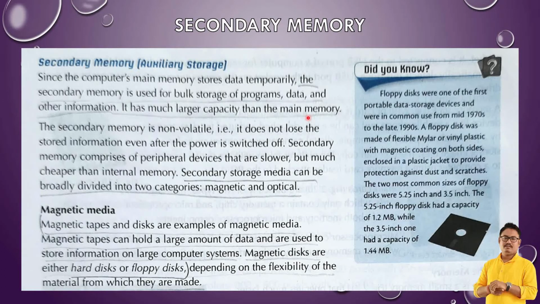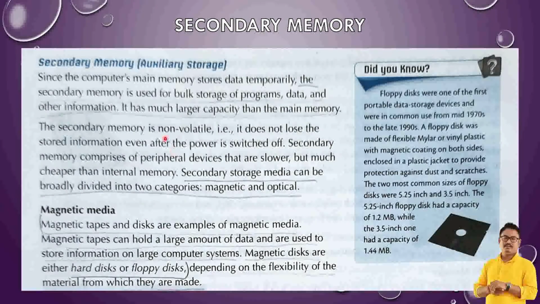If you have a large amount of data that needs to be stored, the secondary memory is used for storing purposes. So the main memory stores data temporarily, and if you want to store bulk program data and other information, you need a secondary memory, which is the hard disk and all. It has larger capacity than the main memory.